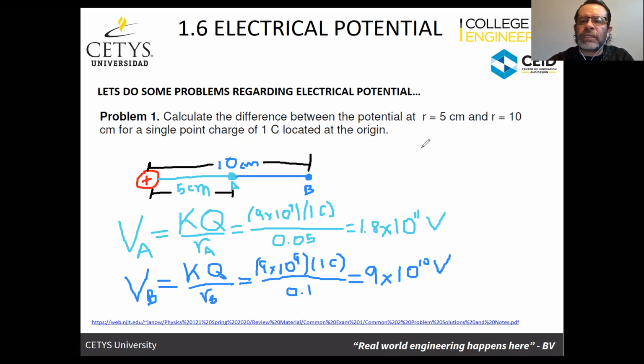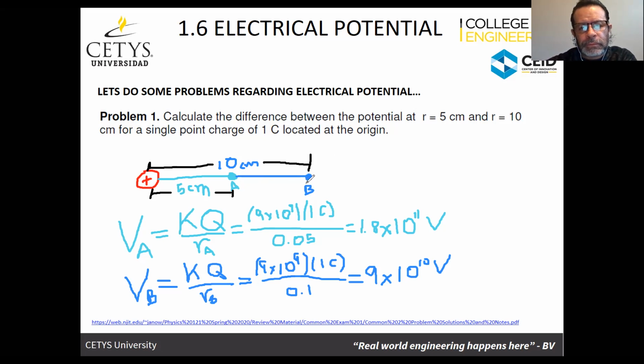Now, which of the two is larger? Can somebody tell me? That's just looking at the numbers. Is VA larger than VB? VA is larger. Is that clear to everybody? Yes. And VB is smaller. Remember the analogy of the river. The charge is generating an electrical field, and remember that the reference is always going to be a positive charge.